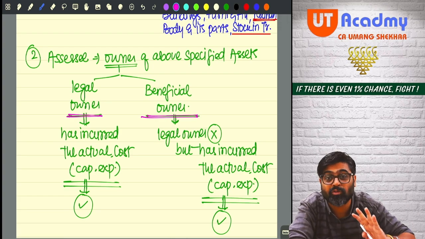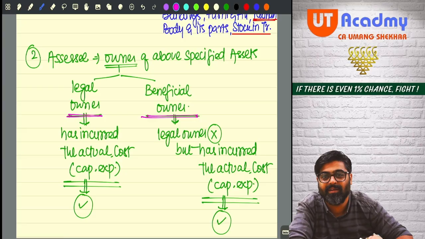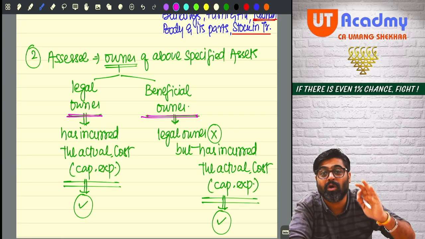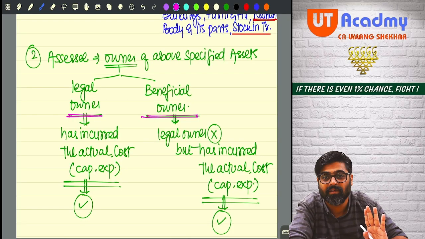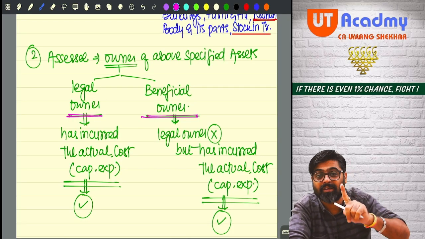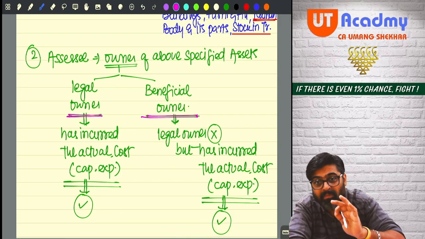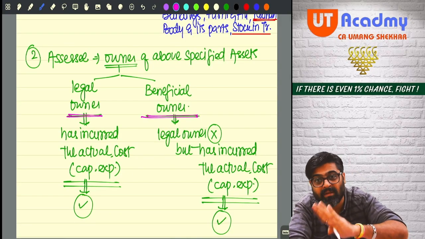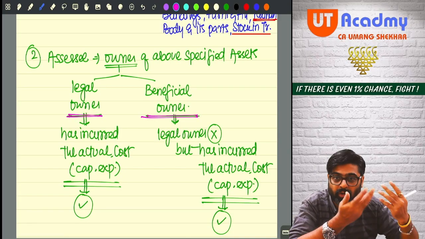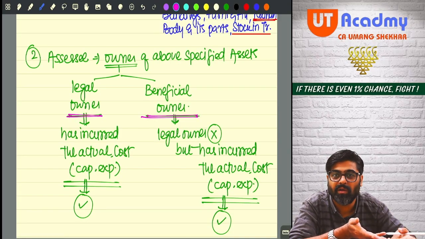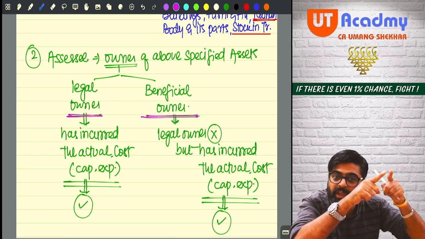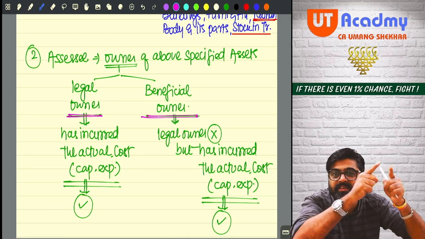Mysore Minerals, Supreme Court judgment. Even though the asset is not legally registered in the name of the assessee, if the cost of that asset is met by the assessee, or the liability towards the cost is taken by the assessee, then that cost should be allowed to him in the form of depreciation.